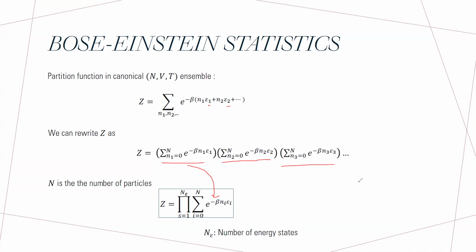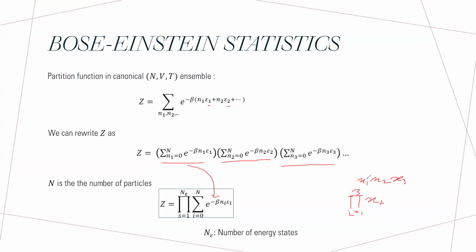If we have some numbers x1, x2, x3, we can write this as the product of xi, i equal to 1, 2, 3.